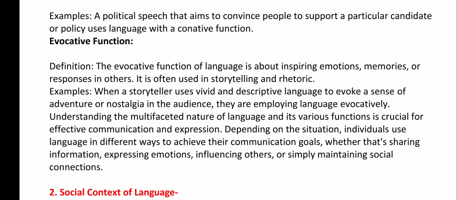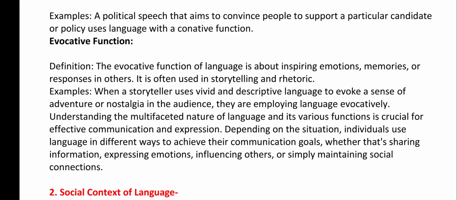Now, evocative function. The evocative function of language is about inspiring emotions, memories, or responses in others. It is often used in storytelling and rhetoric. Example: when a storyteller uses vivid and descriptive language to evoke a sense of adventure or nostalgia in the audience, they are employing language evocatively.